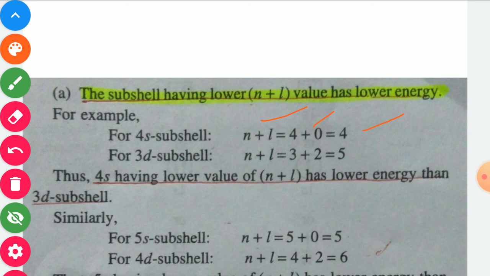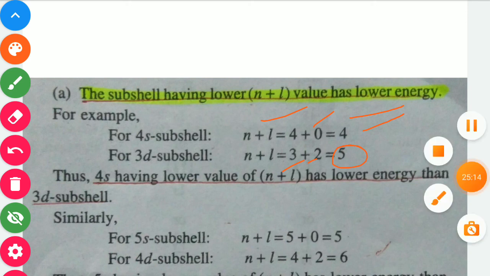In the case of 3d, n value is 3 and l value is 2, so if we add, it is equal to 5. So electron will enter first in 4s and then in 3d. Therefore, 4s has lower energy because it has the n plus l value less as compared to the n plus l value of the 3d.